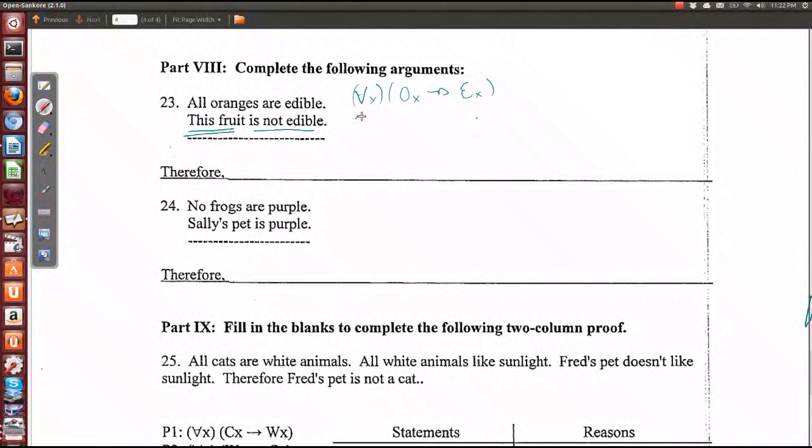So this would be negation E, this fruit. And if I have negation E, that really is a modus tollens relationship. It should give me negation O, not an orange. So this fruit is not an orange.